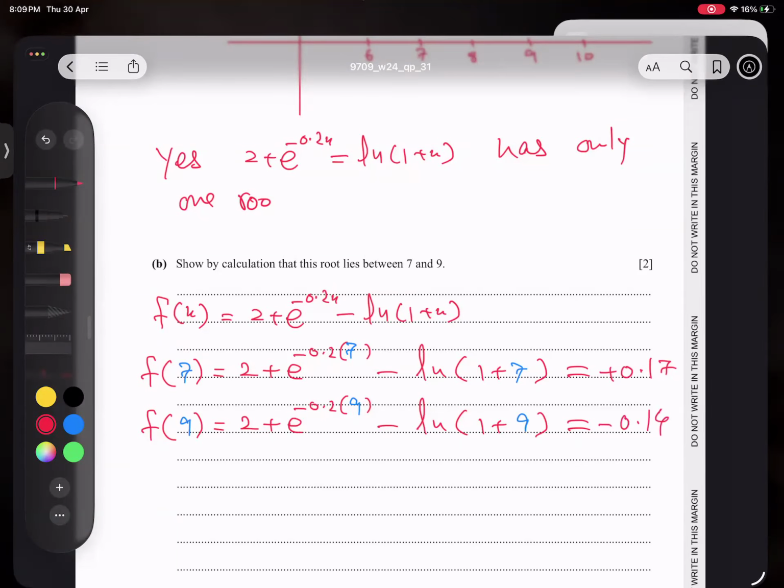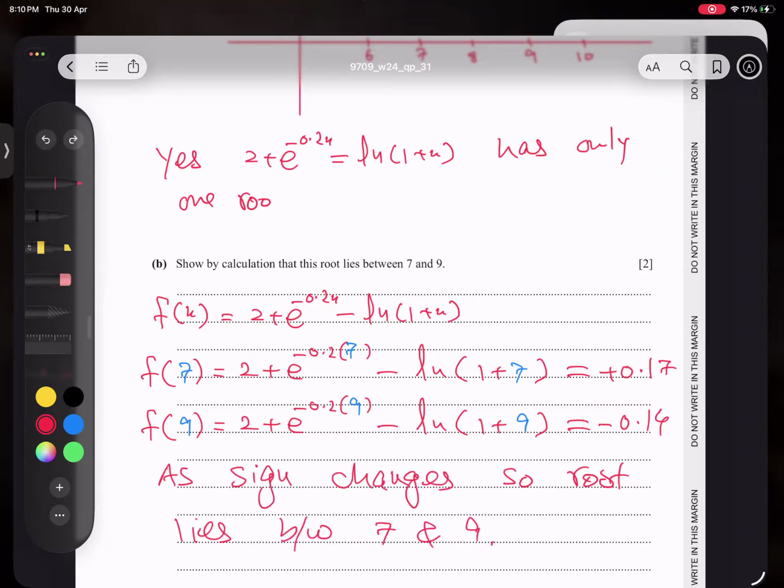And just a simple rule, as the sign changes, the root lies between 7 and 9. See, these signs are changing.